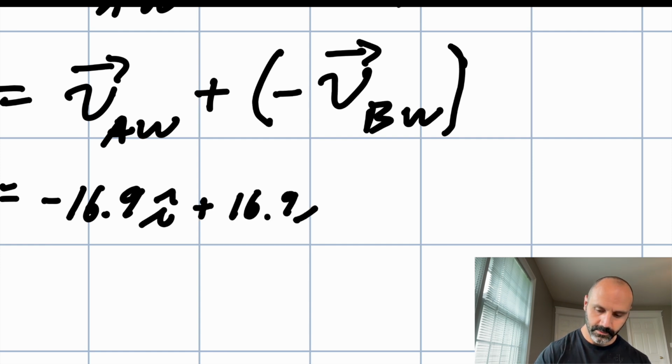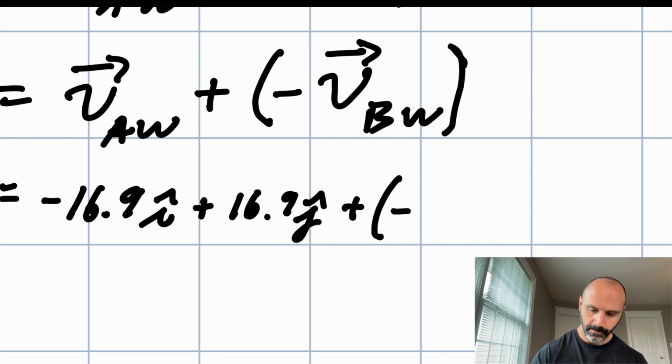16.9 J, that's the vertical. Now plus I have it's going to be negative, and then plus the minus, right?